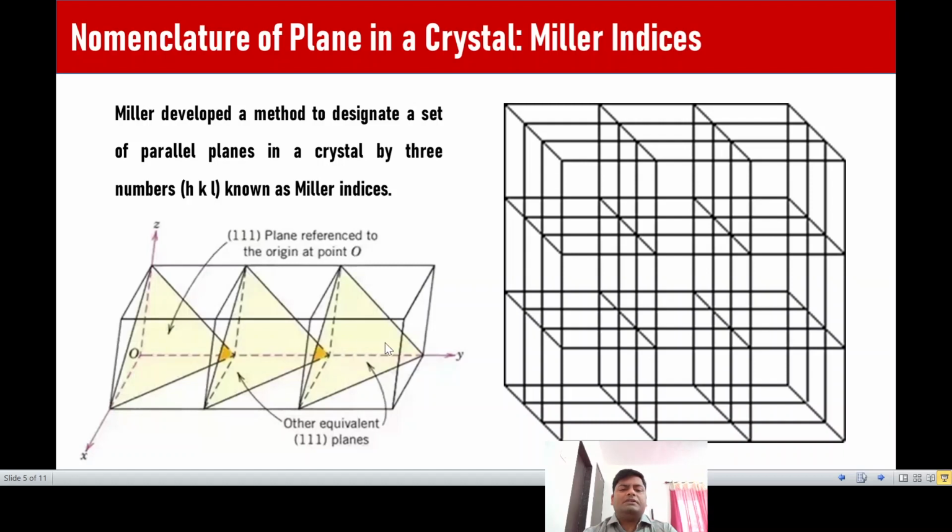All these planes can be represented by a single set of numbers, and that single set of numbers is known as the Miller indices, which represent the set of parallel planes.